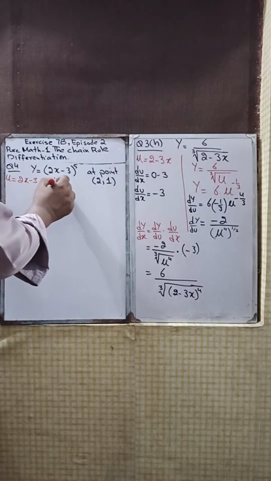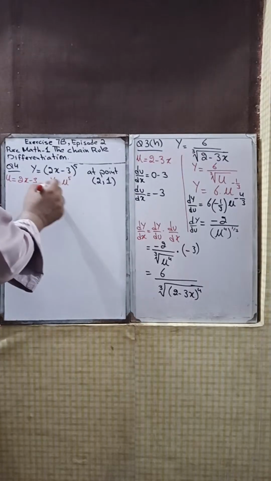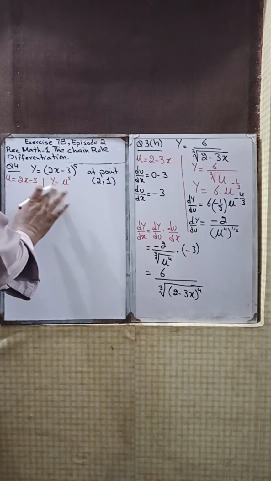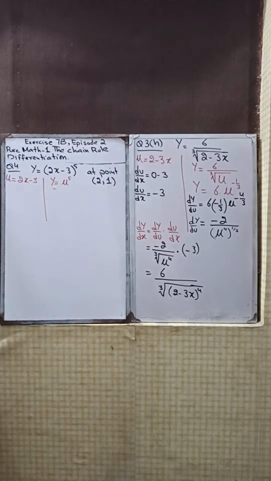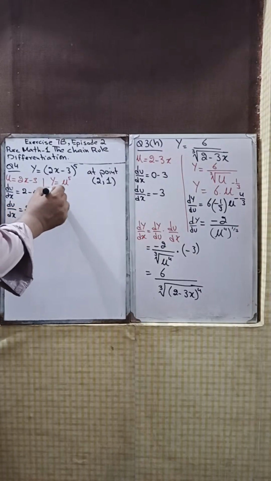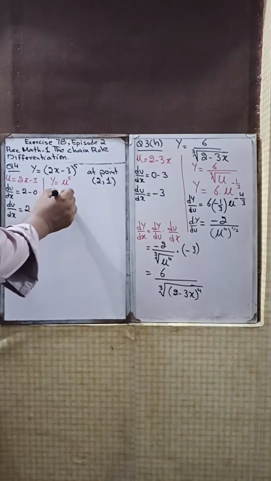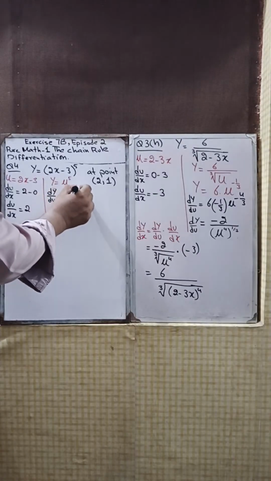So y will become u raised to power 5. So I'm going to differentiate it. du/dx is equal to 2 minus 0, so du/dx will be equal to 2. Here dy/du will be equal to 5u raised to power 4.